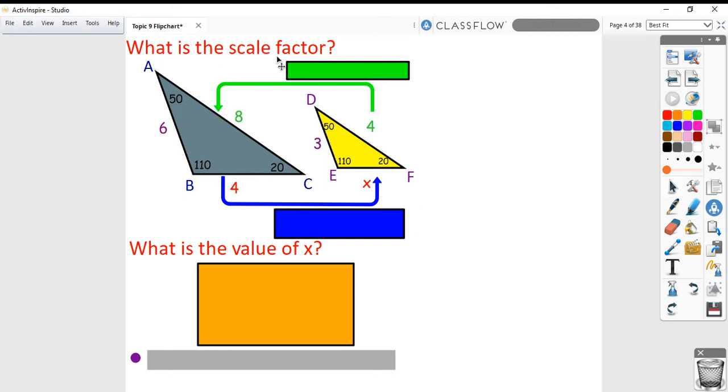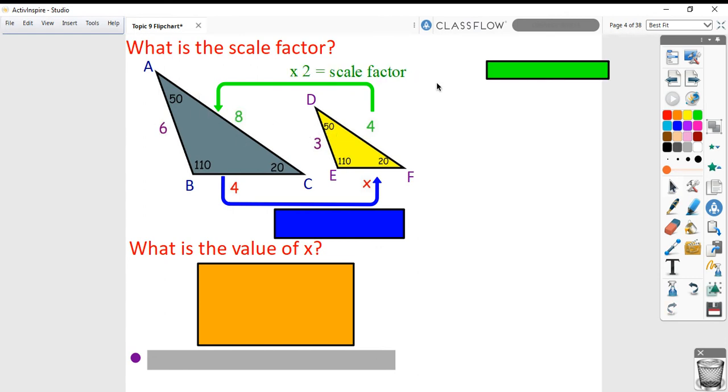And when we talk about scale factor, the scale tells you how much you have scaled up or scaled down in size. It is the number that we multiplied to get from one side length to the other side length. So when we're going in the direction of the arrow on top, from the smaller triangle to the larger triangle, going from 4 to 8, going from 3 to 6, we were multiplying these side lengths times 2.